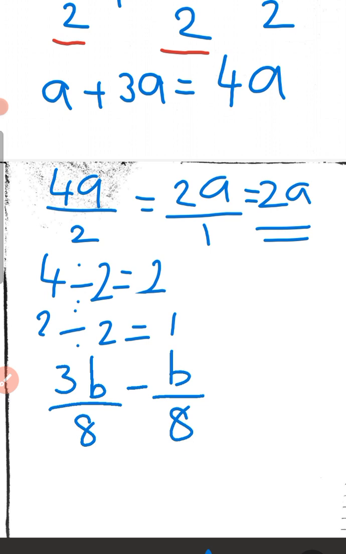Here both are like fractions. 8 is the denominator. Subtract the numerators. 3b minus b. 3b minus b means 3b minus 1b. 2b. 2b by 8.